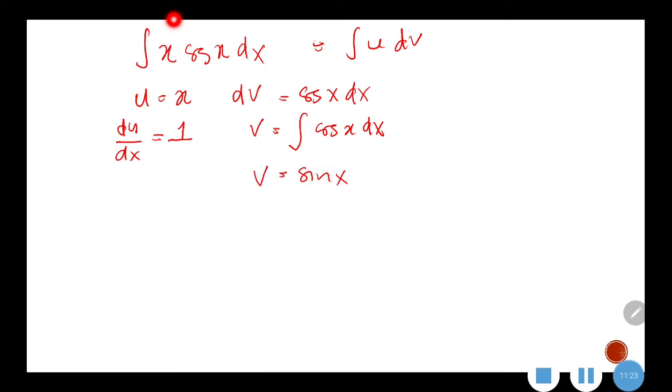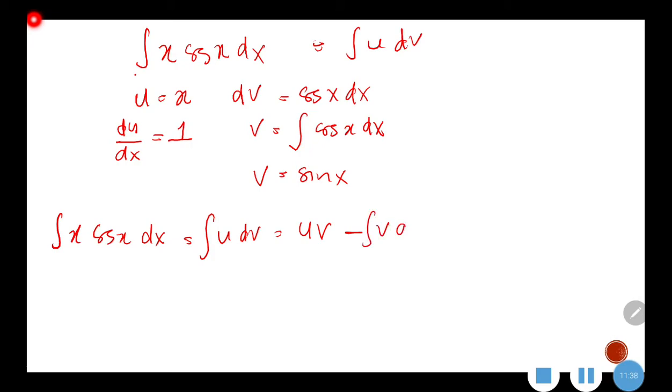Okay, so according to the formula, we have the integration of x cos x dx equals the integration of u dv. So this is equal to uv minus the integration of v du, right? So uv, what is our u? u is x times v, which is sin x.